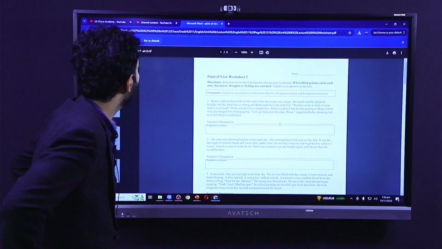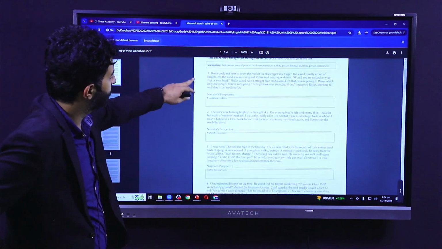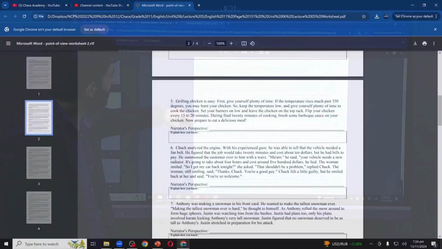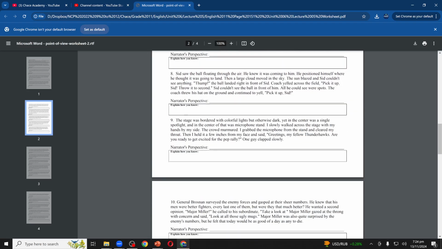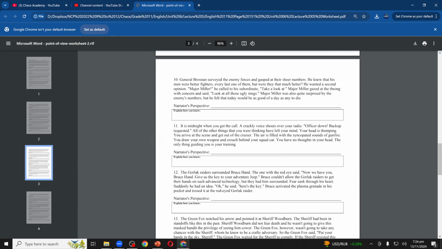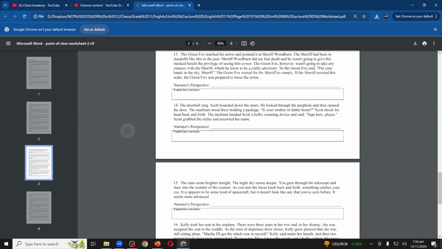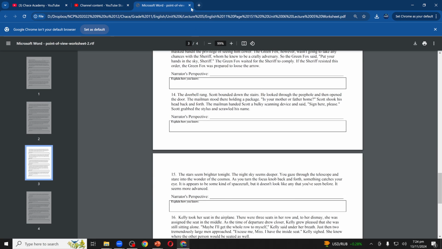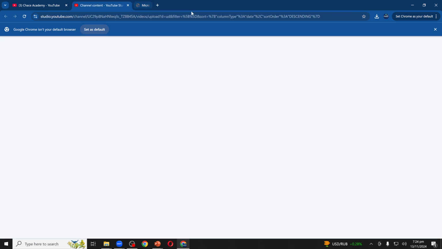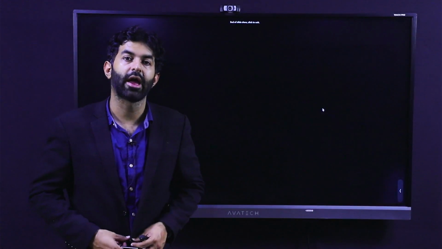Yes, students, this is the worksheet that we have just looked over. Solve this worksheet and understand it well. Now students, solve the activities and the worksheet.